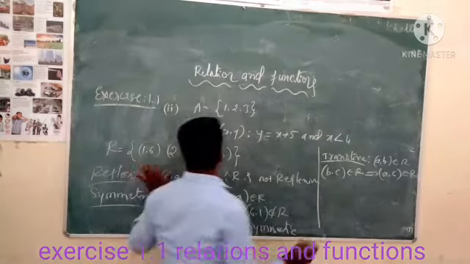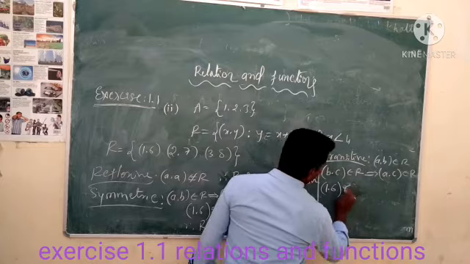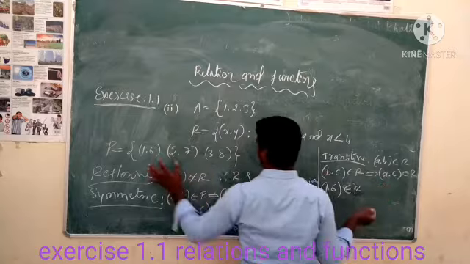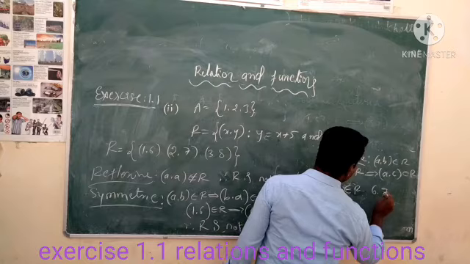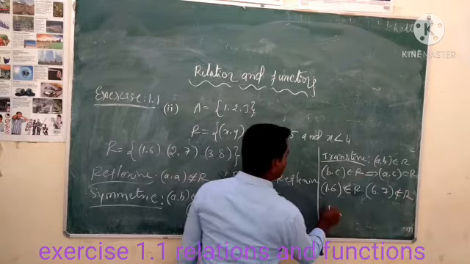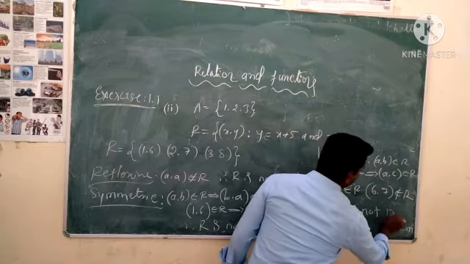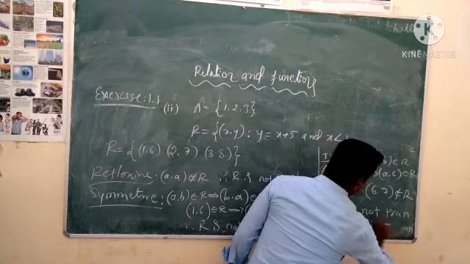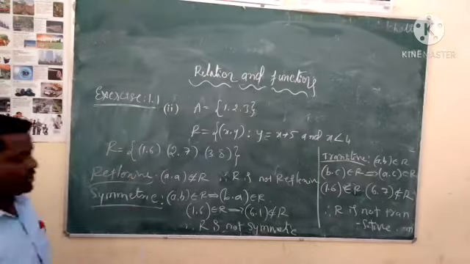You can take any one. (1, 6) belongs to R. Next, it has no (6, 7), which does not belong to R. Therefore R is not transitive. This is the justification for the second question.